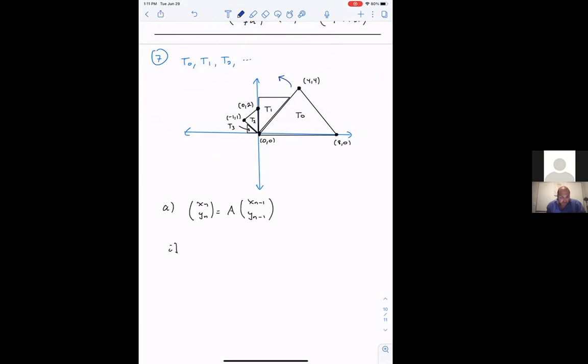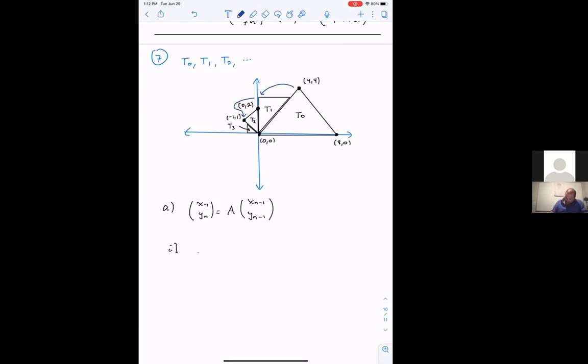If you follow 4, 4, 4, 4 first goes to there, and then it goes to there. 4, 4 will rotate and then rotate again.